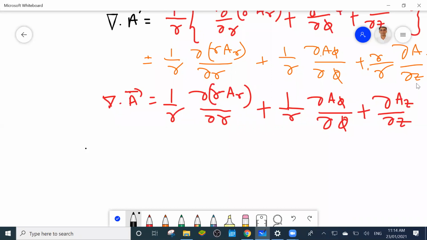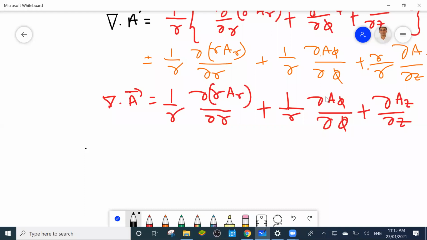Sir, the del R AR by del R after the starting 1 by R. This one. Yes sir. That is on the AR value. So this is R into AR, a product of two functions, so I have to differentiate with respect to R. That's why I am not bringing this R outside, because here the variation is with respect to R. But in the last term, the variation is with respect to Z, so R is a constant.